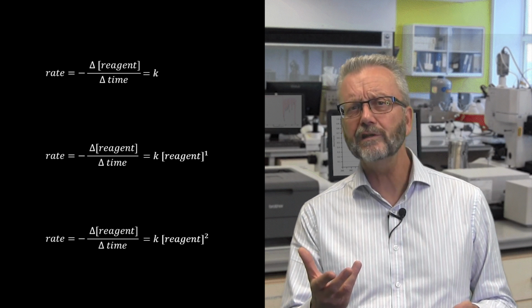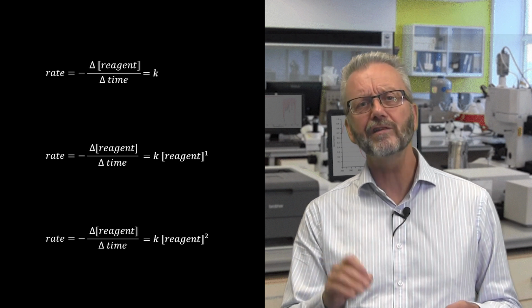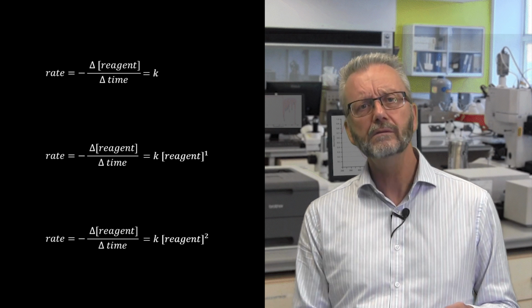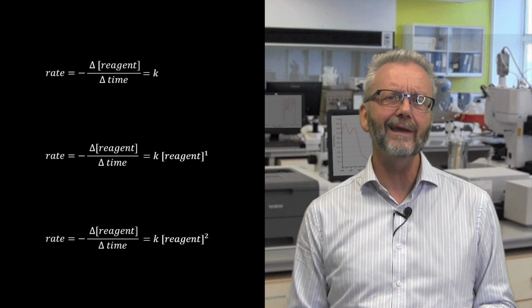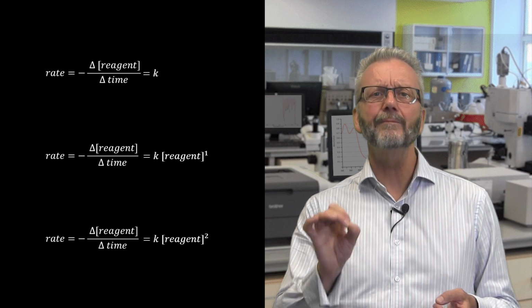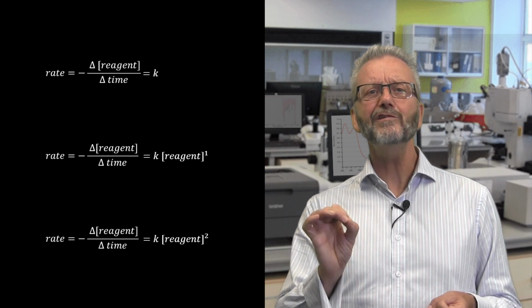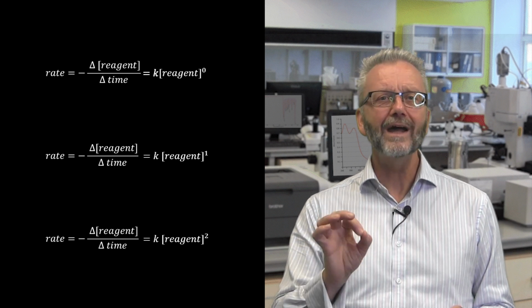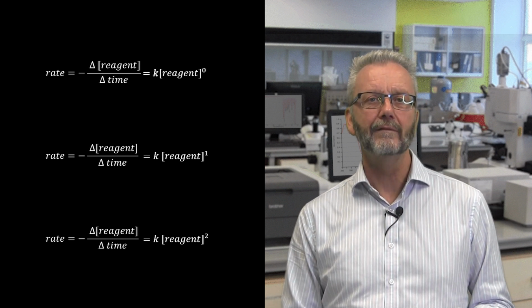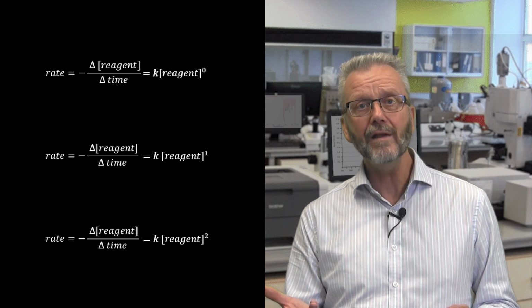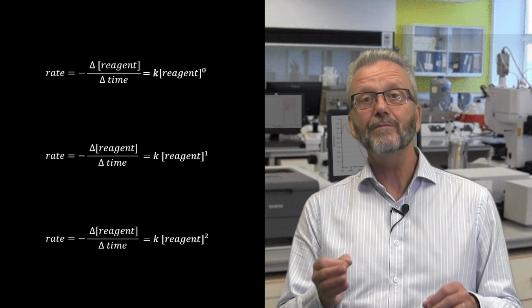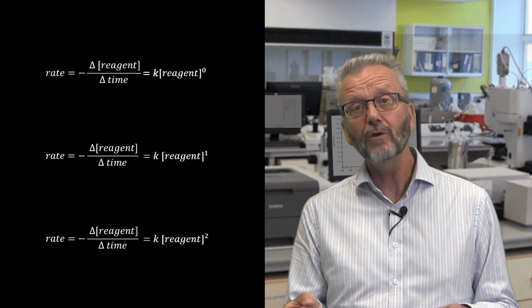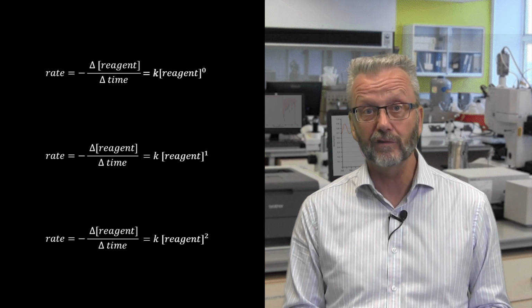But what about our first equation, where the rate is not affected by the concentration at all? We can do the same thing here, but we multiply K by the concentration raised to the power of 0. Anything raised to the power of 0 is 1, and K multiplied by 1 is just K. So we've made this equation look like the other two without actually altering the maths at all.